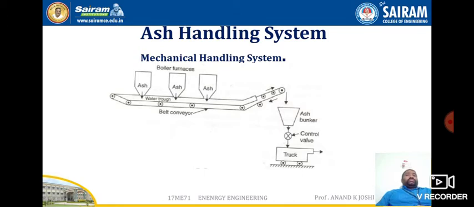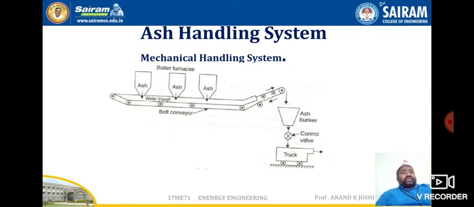Ash is carried from the ash bunkers to the dumping site with the help of trucks or any other transport mechanism. The control valve is opened and closed manually, and the truck is loaded to carry the ash.